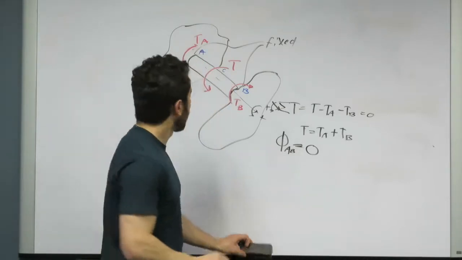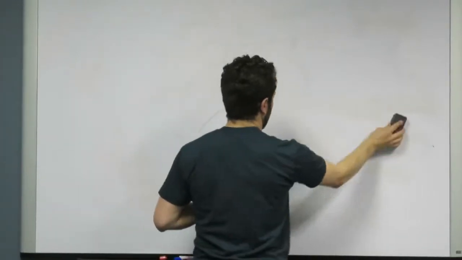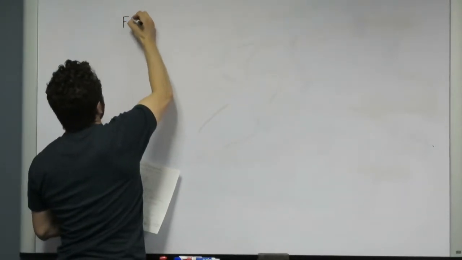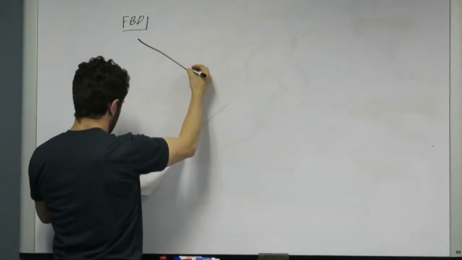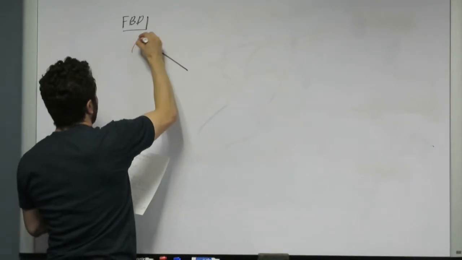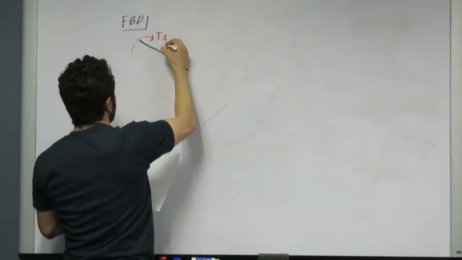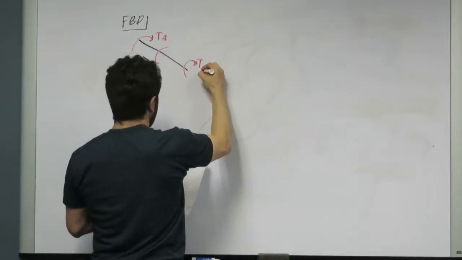Okay, so I'm going to erase all this. So, let's draw the free body diagram. We have TA, T, and TB, right?